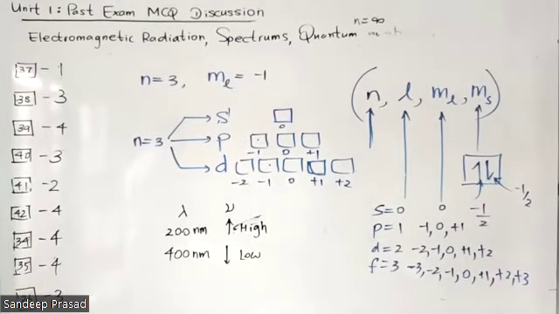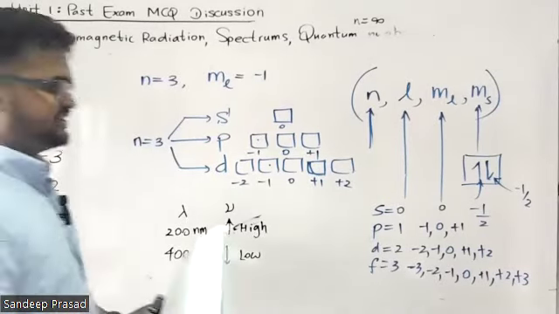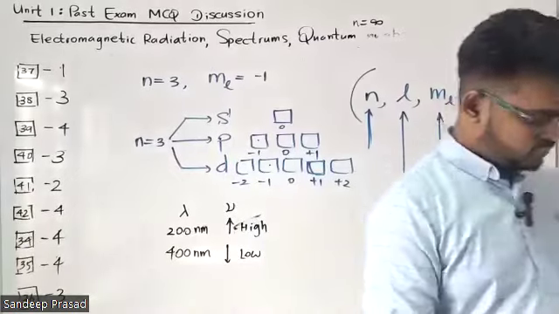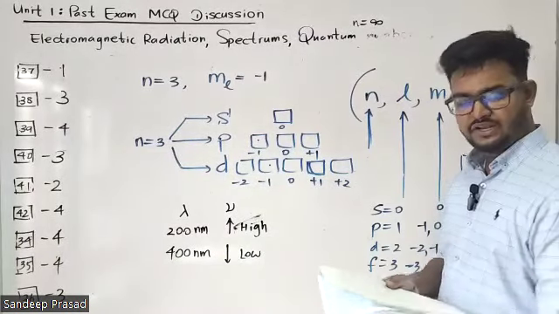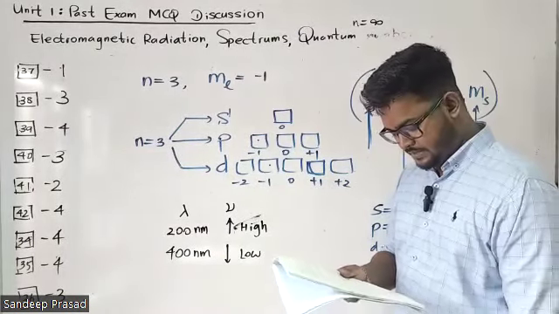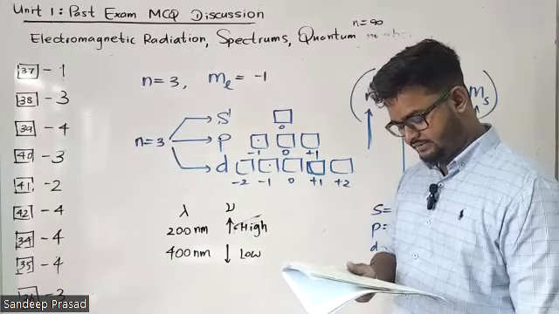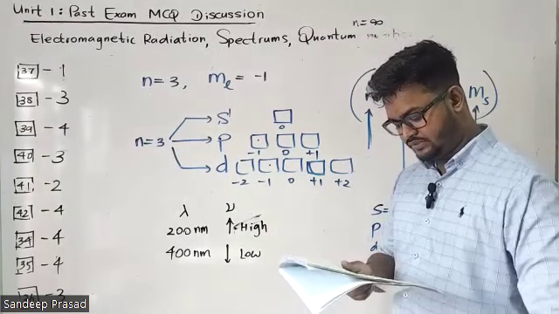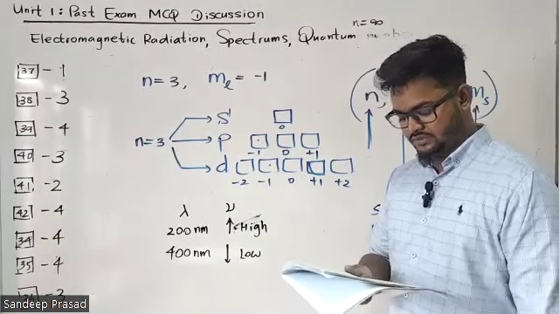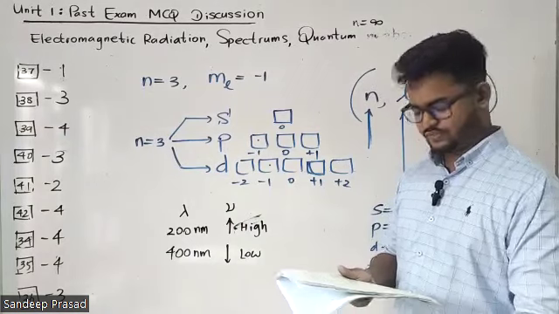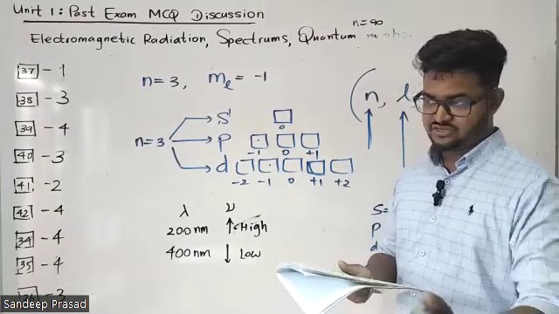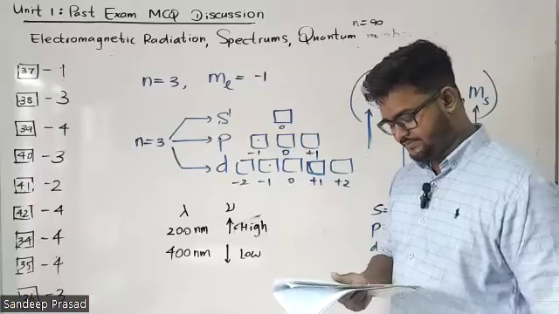That is about 380 to 750. So therefore, this does not belong to the visible light region. We can't take that. In a vacuum, it has a higher velocity than the radiation of wavelength 400 nanometers. That is wrong. If there is electromagnetic radiation in a vacuum, they have the same velocity.